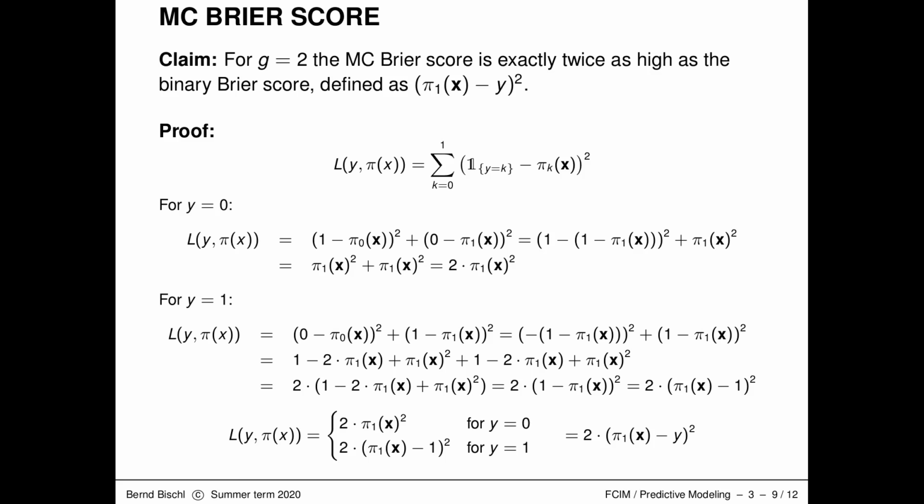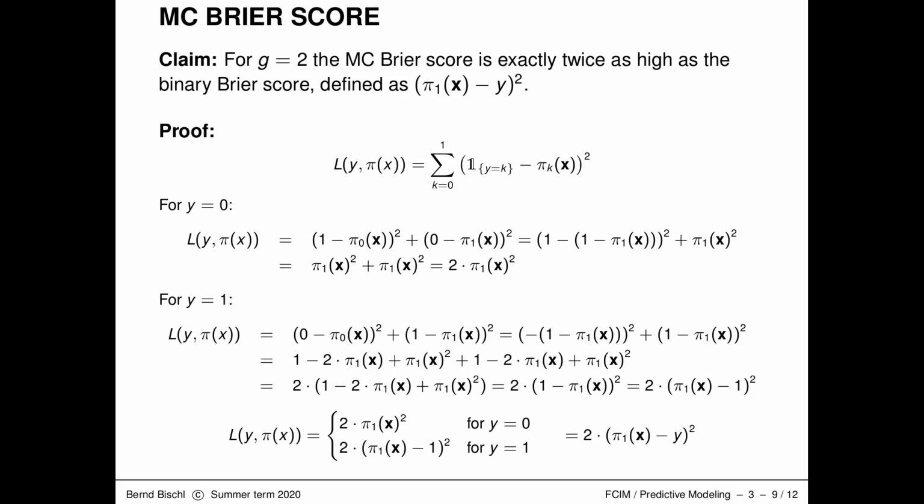So it kind of is, but up to a certain constant. So for two classes, for the binary case, obviously you can also use this multi-class Brier score, but if you do that, what you will see is that this multi-class Brier score is unfortunately twice as high as the normal binary Brier score. And I have proven this here on this slide.